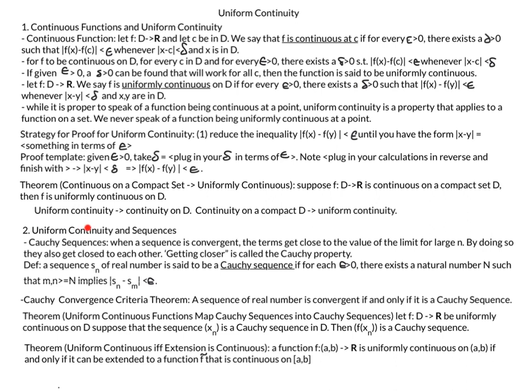We also looked at Cauchy sequences and how uniform continuity relates to them. And finally, we looked at extensions of a function and how we can use extensions of a function to determine if a function is uniformly continuous.